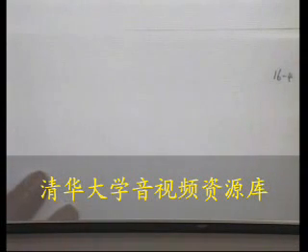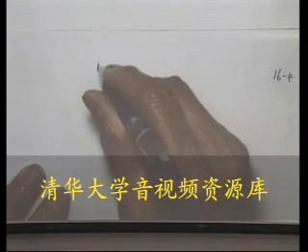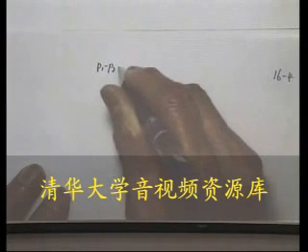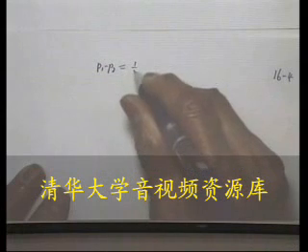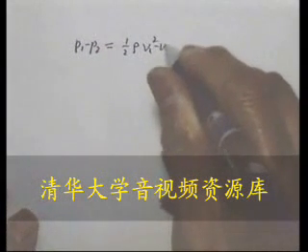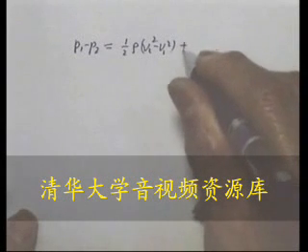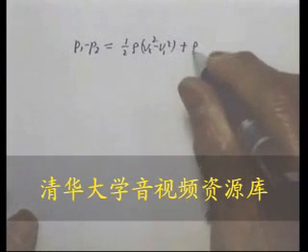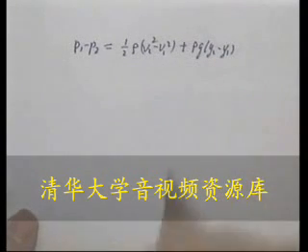So if you cancel the V, you get P1 minus P2 is equal to 1/2 rho V2 squared minus V1 squared plus rho g Y2 minus Y1.